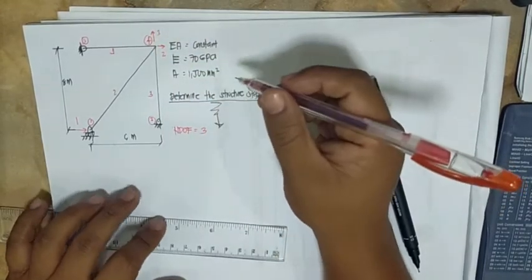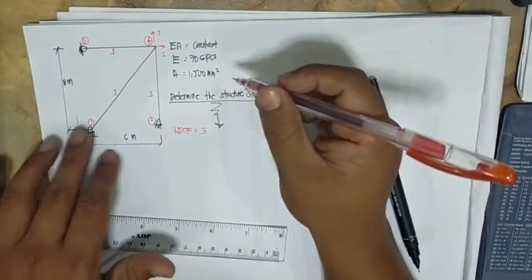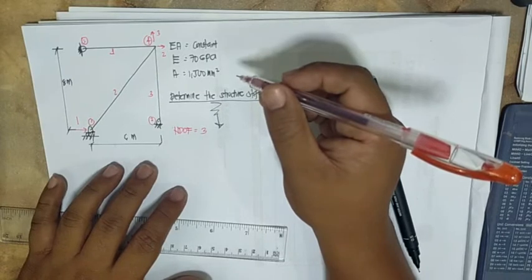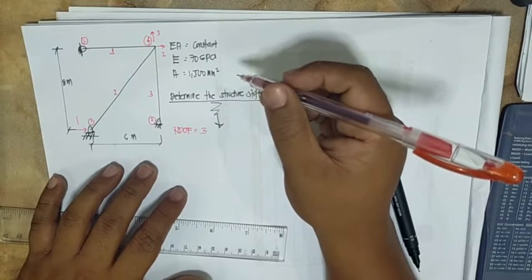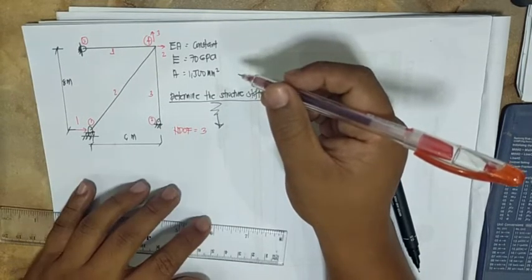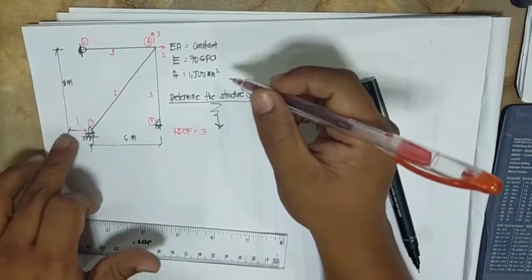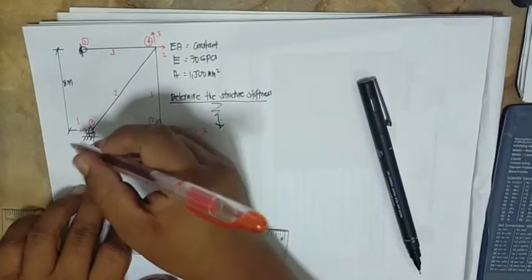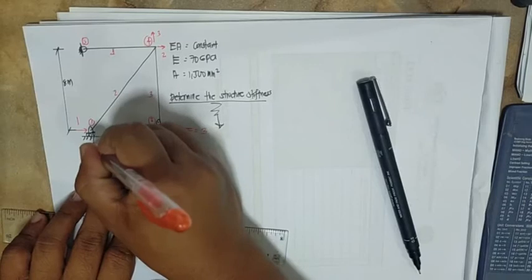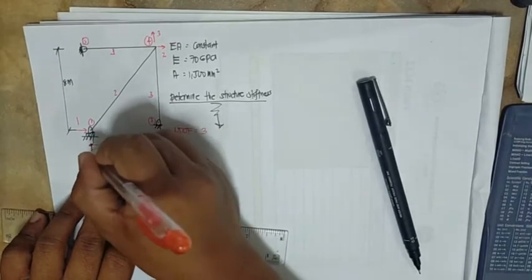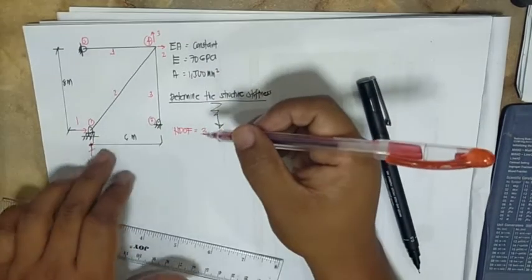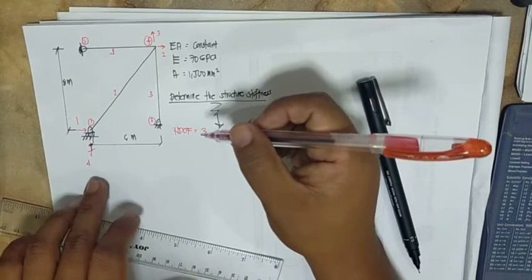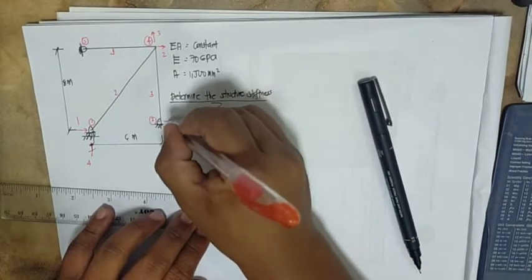Okay, and of course after you are done with putting the translation, you can now proceed with the support reaction. So 1, 2, 3, then you can go back here, this is number 4, and put this one. Okay, this slash designates that this is the reaction.